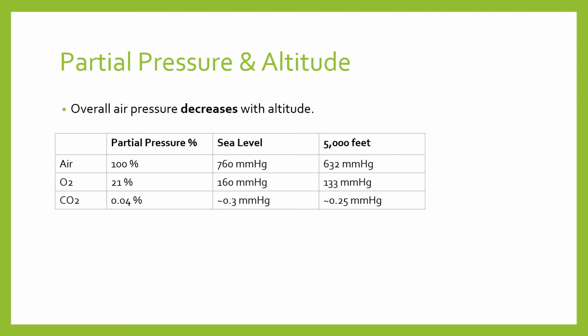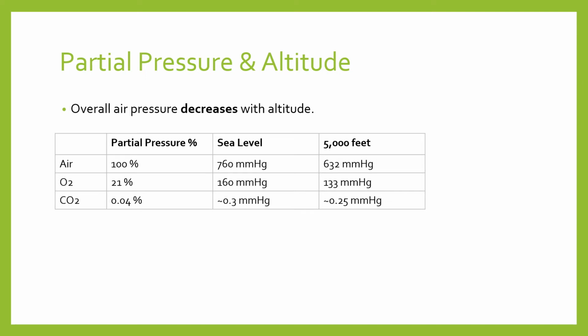And so therefore, the overall pressure of all the gases in the air combined drops down to 632 millimeters of mercury. So that's everything combined, everything in our one cubic meter of air. And again, you'll notice that because the proportions stay the same, 21% of that overall volume of air up at 5,000 feet is oxygen.